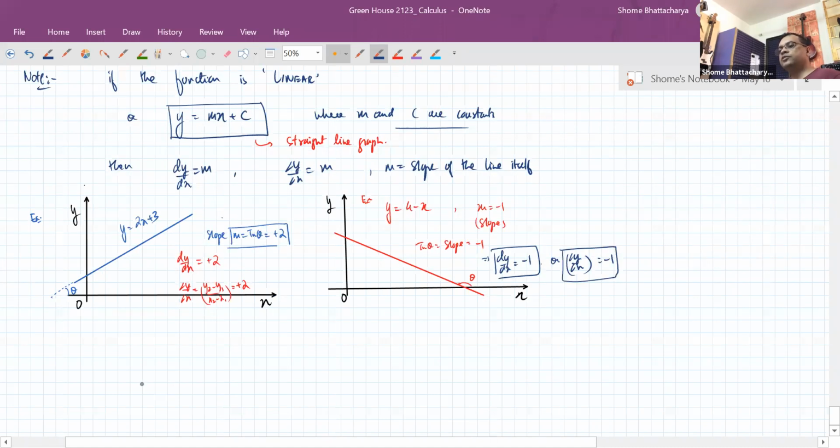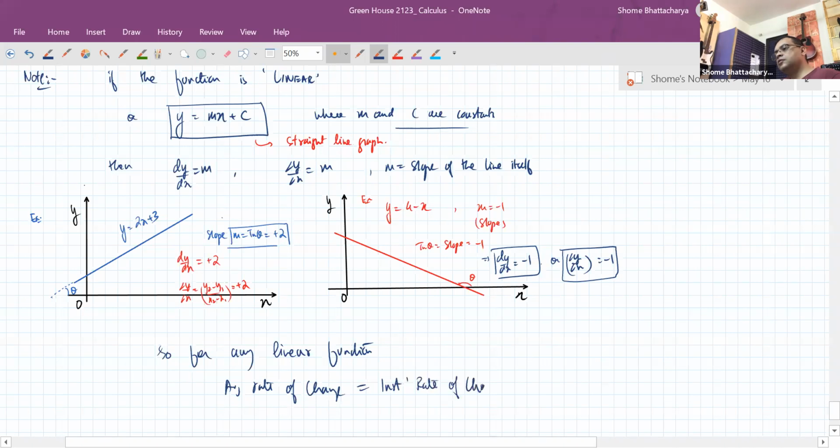So that is the property of a linear function. So for any linear function, average rate of change equals instantaneous rate of change equals the slope, or basically m, for the linear function y equal to mx plus c.